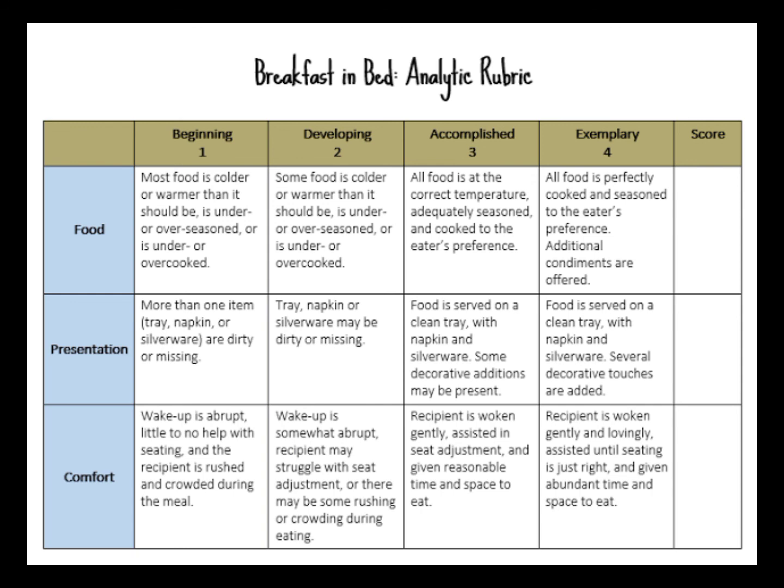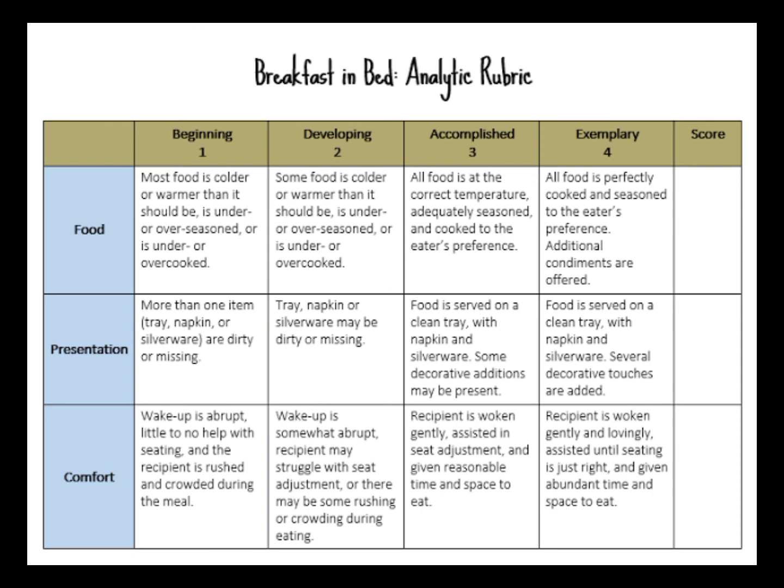So in comfort, beginning or 1, wake up is abrupt, little to no help with eating, and the recipient is rushed and crowded during the meal. Developing or 2, wake up is somewhat abrupt. The recipient may struggle with seat adjustment, or there may be some rushing or crowding during eating.